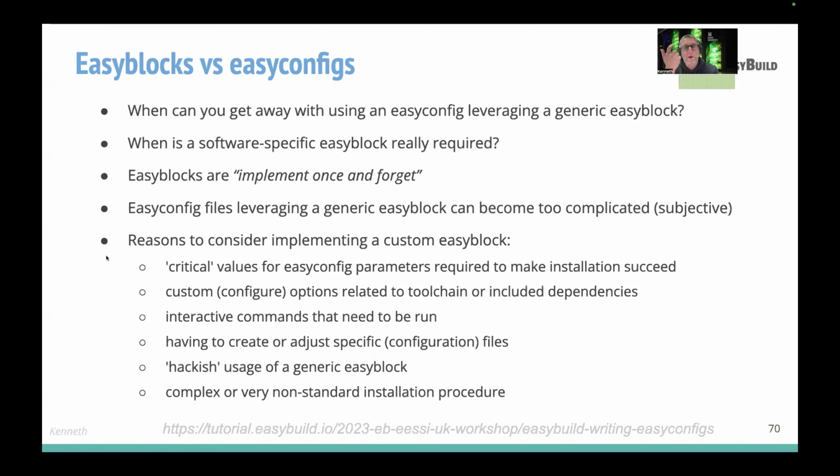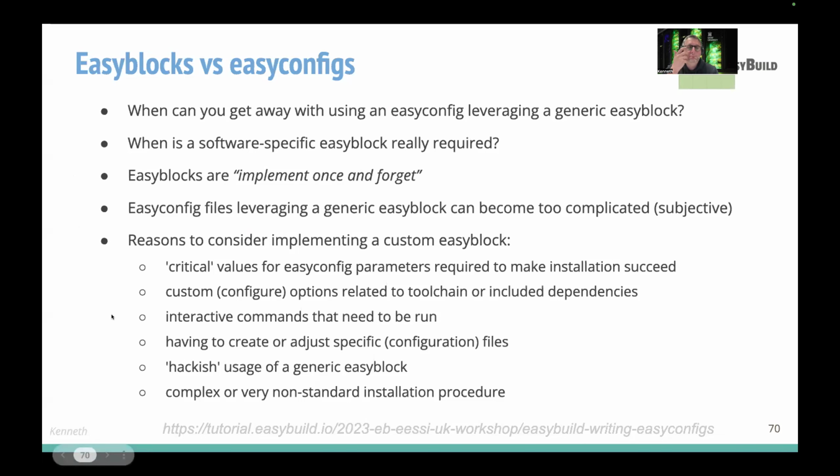If that's the case, that's one argument towards implementing an EasyBlock for that, where you can implement this in Python code and logic, do that once, and then forget about all the things you have to change when you're changing a toolchain. So when you can let the EasyBlock take care of all that logic, that actually makes sense to go through that effort of implementing one. But it depends a bit on how complex things are.